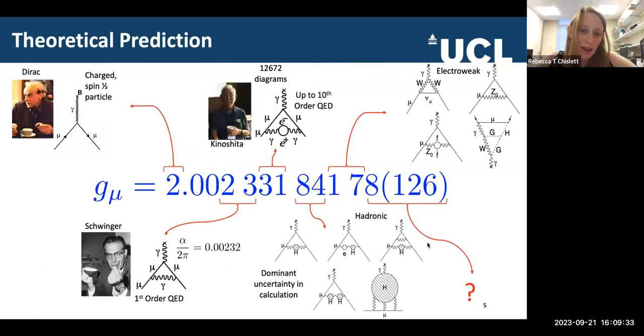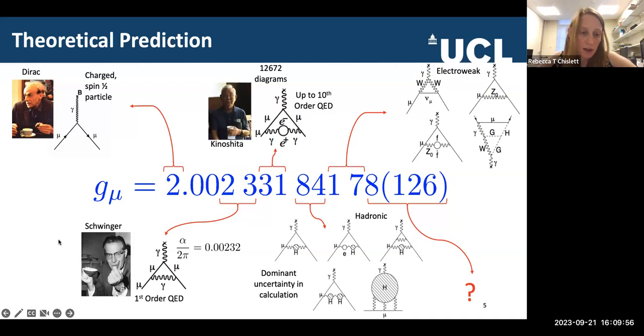So this is a basic summary of the components of the theoretical prediction. So we start with Dirac's prediction with the basic diagram where it's exactly equal to 2. And then we add on all the various different loop corrections, which are divided into different sections.